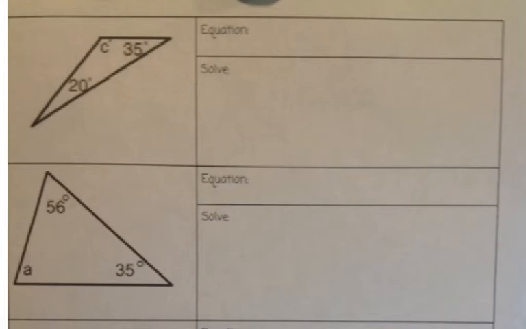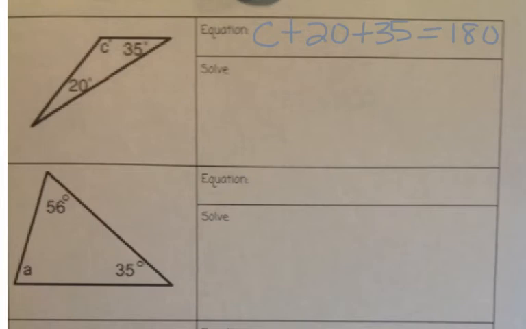So, when I look at this first problem, it's a triangle. And like I said on the last video, triangles sum to 180 degrees. So that will give me my equation. C plus 20 plus 35 equals 180.